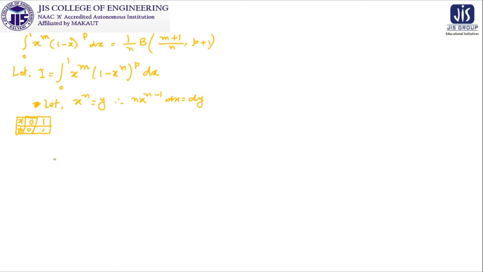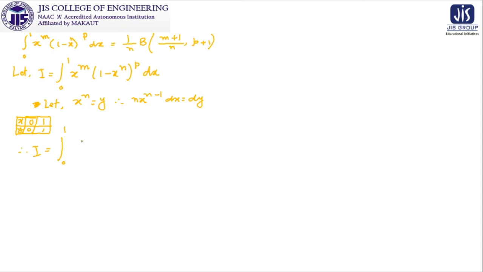So what we can write for I is the integration from 0 to 1 of x to the power m. X is y to the power 1 by n, so x to the power m is y to the power m by n.